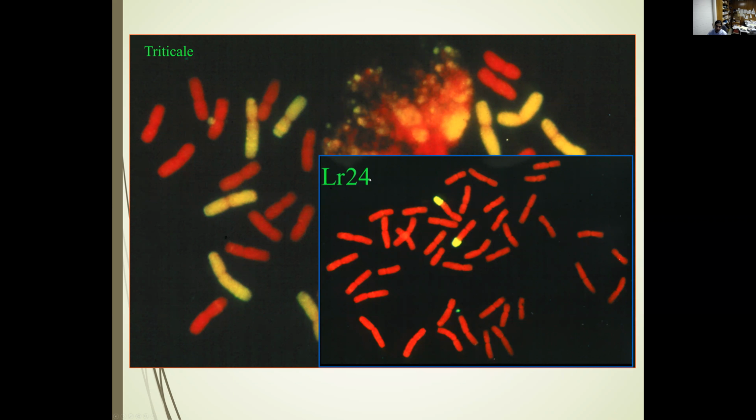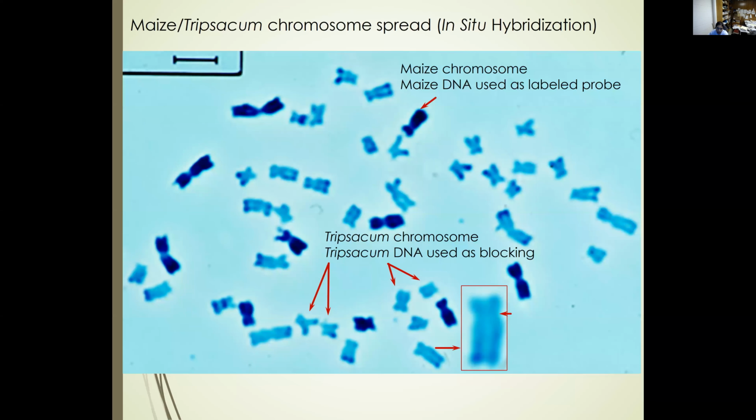This is Lr24, and this is sitting on the tip of a pair of 3D chromosomes. This one is just the background fluorochrome signal. And this slide is showing each and every chromosome with the centromeric position. It all depends on how you prepare your chromosome spread. That's the key for success.